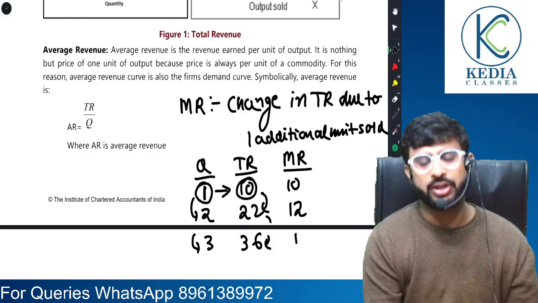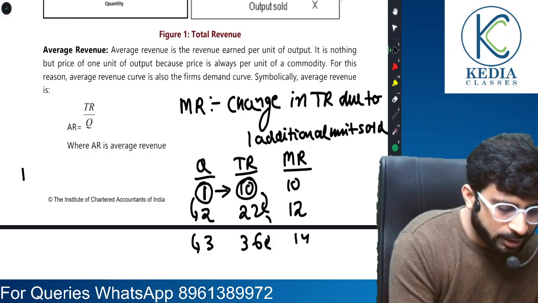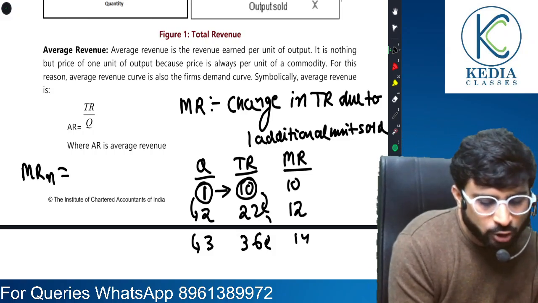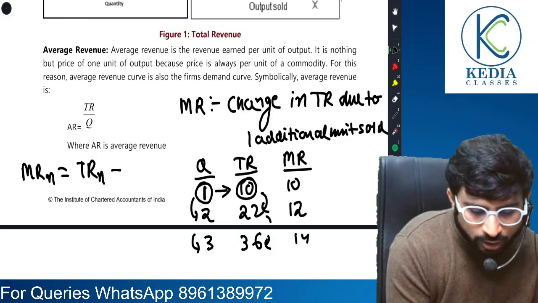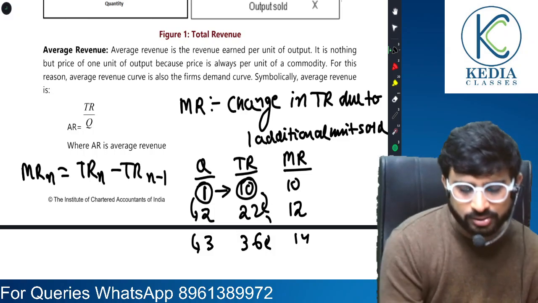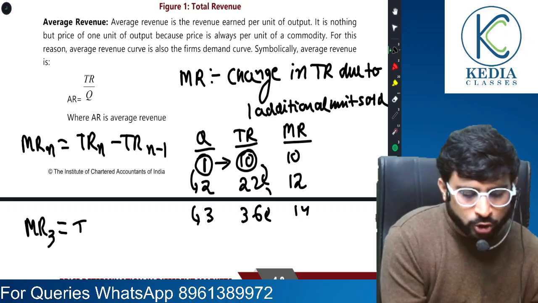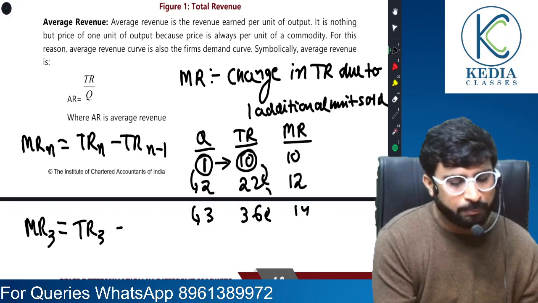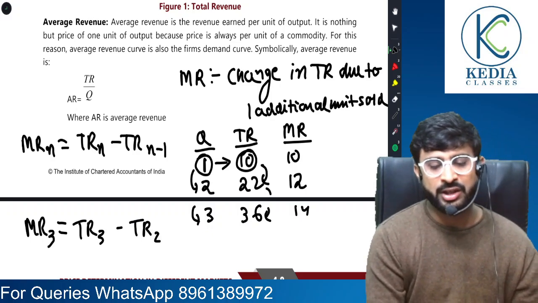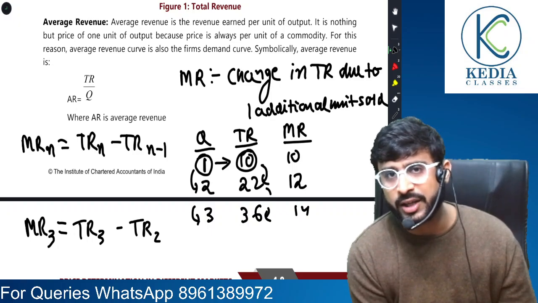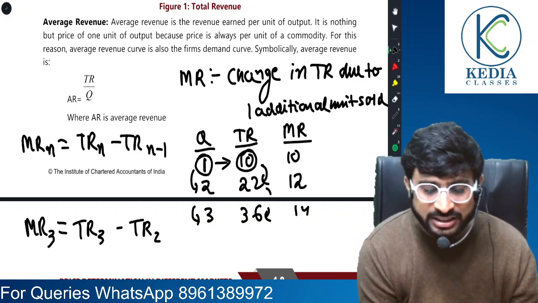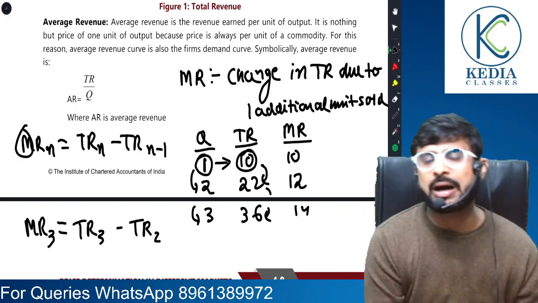So marginal revenue for any unit is total revenue of that unit minus total revenue of one lesser unit. For example, marginal revenue of the third unit will be total revenue earned from 3 units minus total revenue earned from 2 units. Remember, if in the exam you get the word additional anywhere, the answer would be marginal.